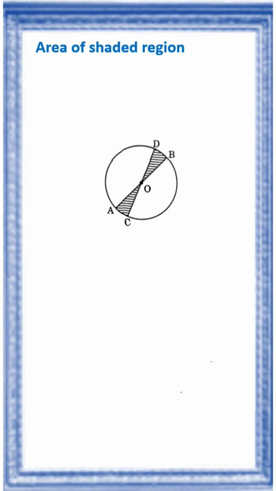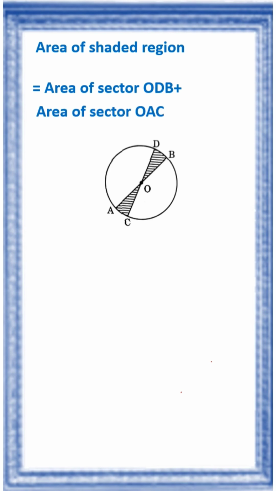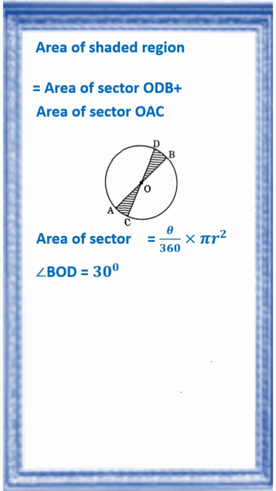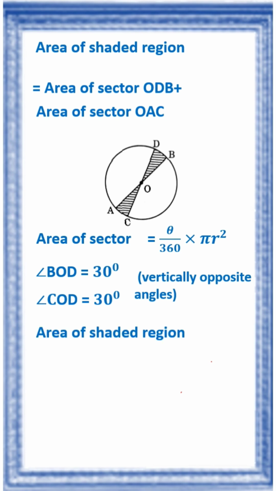Now area of the shaded region, let us find out. Area of sector ODB plus area of sector OAC. Area of sector formula is theta by 360 pi r square. Here theta is equal to 30 degree. So angle COD is also 30 degree because they are vertically opposite angles. Area of the shaded region is equal to 2 into area of any one of the sectors, that is theta by 360 into pi r square.